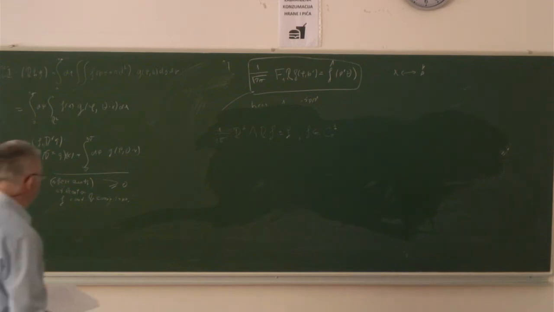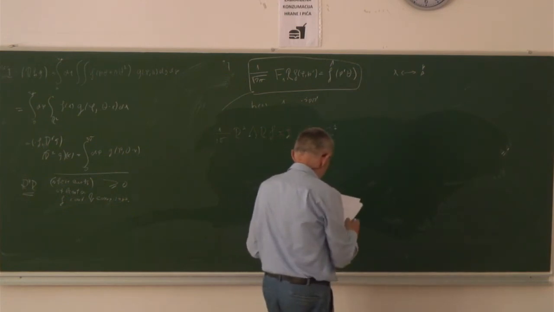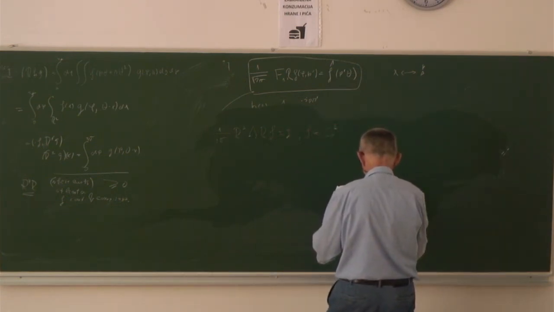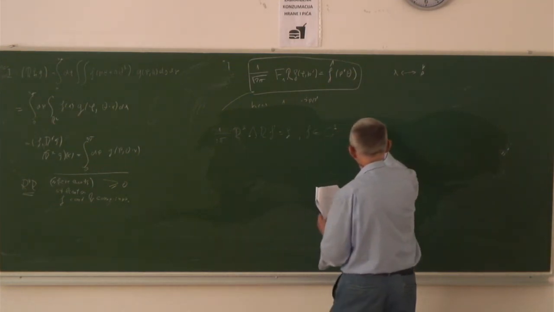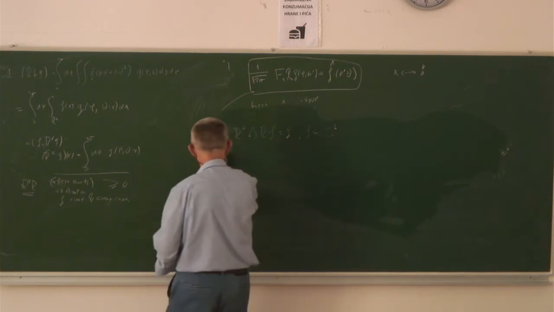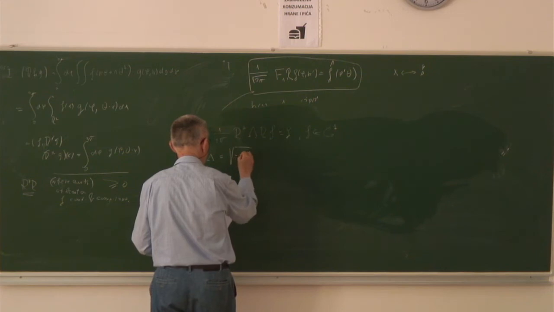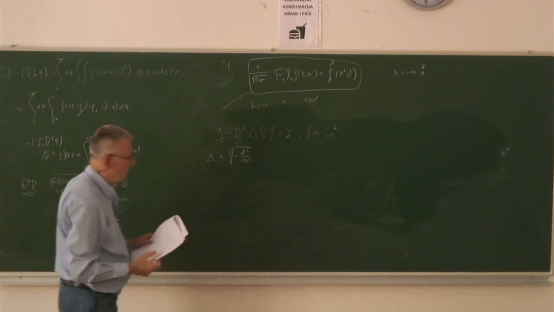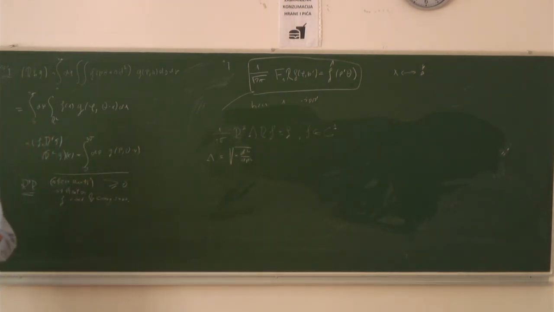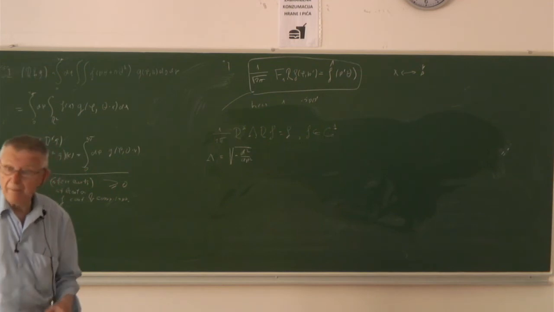Now, what's lambda? Lambda is formally defined as the square root of minus d2 over dp squared. So we take the second derivative with respect to p, and this is of course an operator, a map.